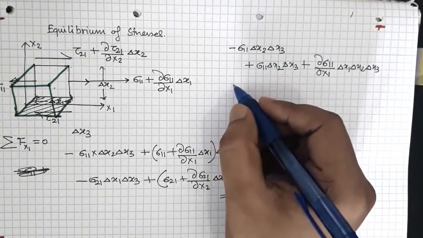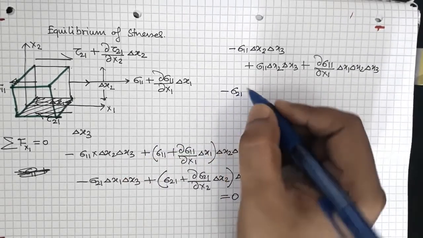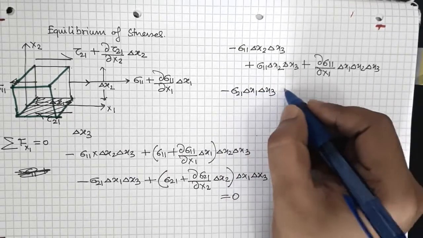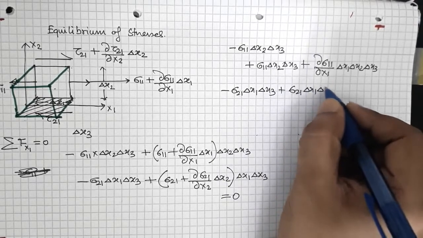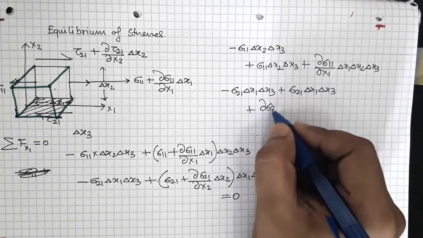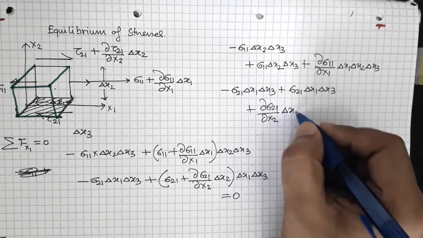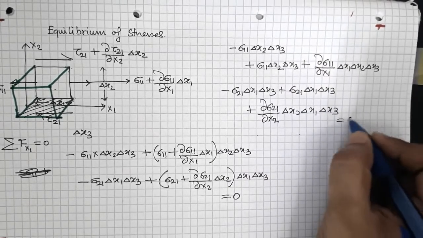Then so these are done. Then minus sigma 21 delta x1 delta x3 plus sigma 21 delta x1 delta x3 plus del sigma 21 by del x2 into delta x2 delta x1 delta x3 equal to 0.